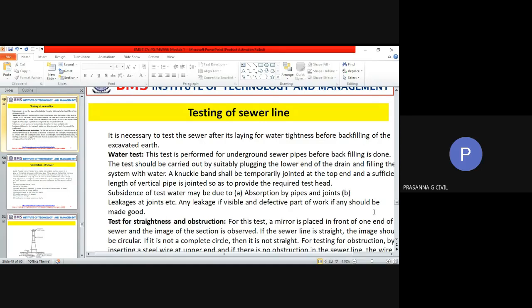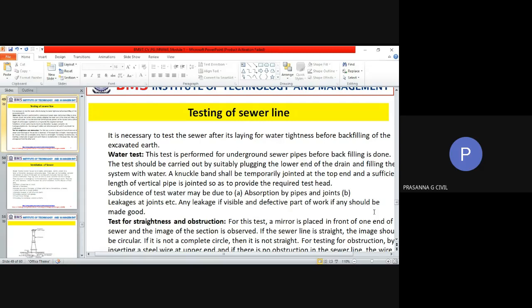You cannot have too much depth, nor too little. If you go down 2.5 or 3 meters, the trench will be so narrow and your pipe has to be inserted from the top into the trench. And if any work needs to be done, it becomes very difficult to operate. So that is one aspect.